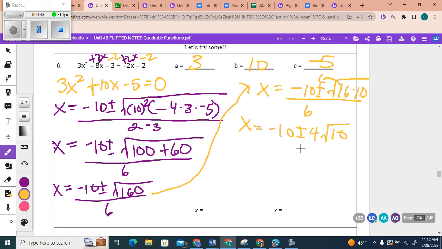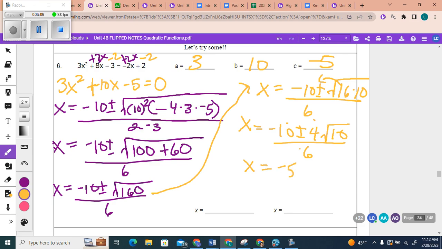And we leave the 10 underneath. Okay. What can we do from here? Jesse? Good. All three of these divide by 2.